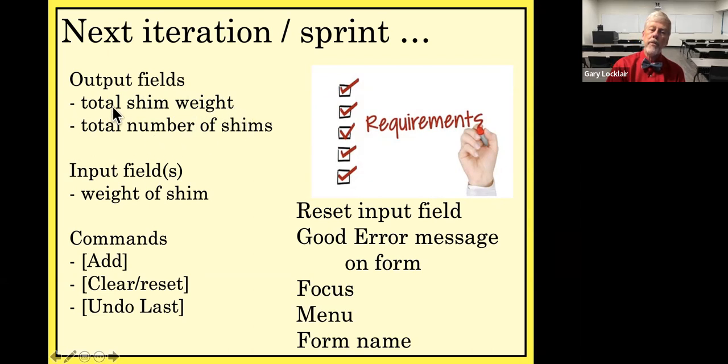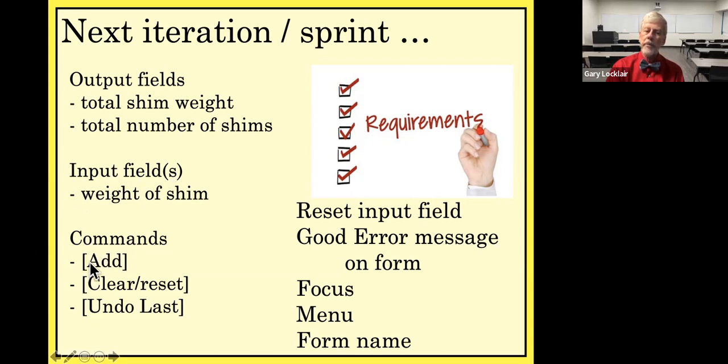It's on the number of times that the user typed in a value. Make sense? I enter the value for 5 shims. This is 5. The weight is, I don't know what, 2.76. Input field, still the same data input field, just the weight of the shim.